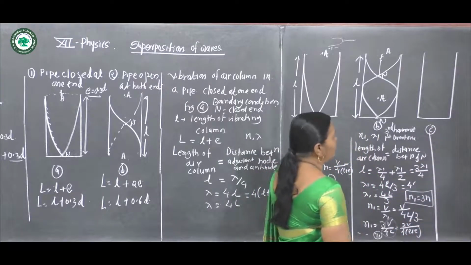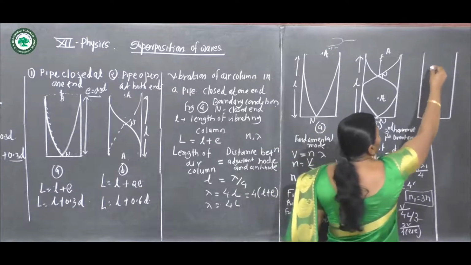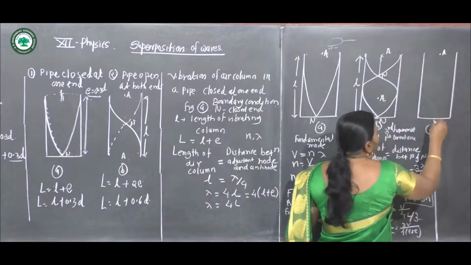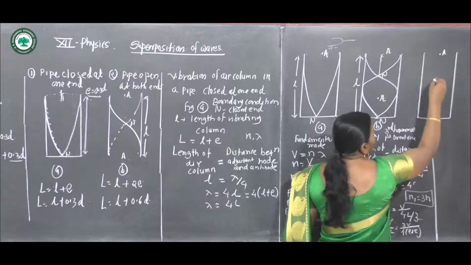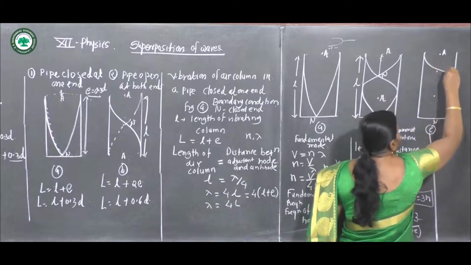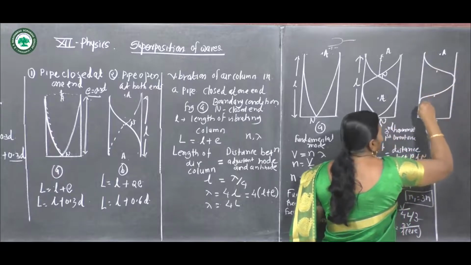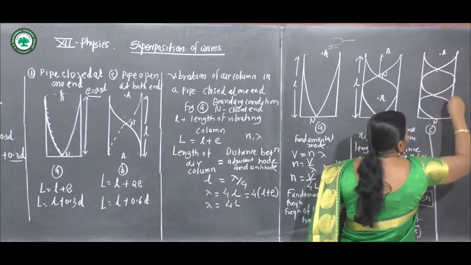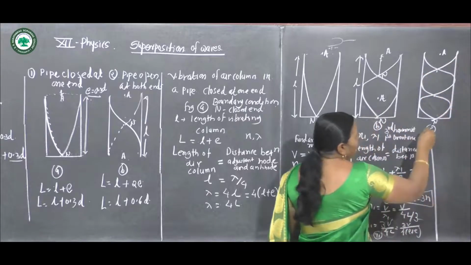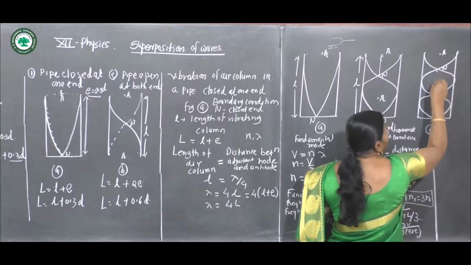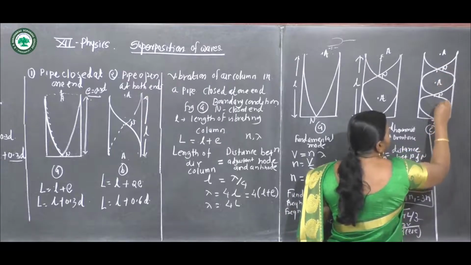Now in the next mode, the antinode is at the open end and the node is at the closed end. Here we consider this is the incident wave and the wave is reflected forming a stationary wave. Here node, this is also node, this is node, this is antinode, antinode.